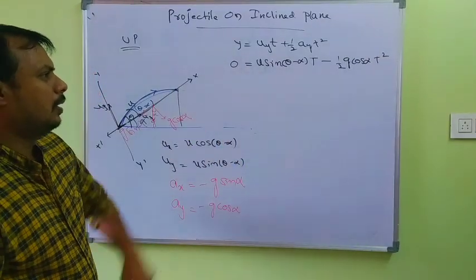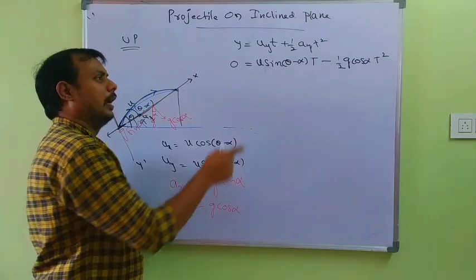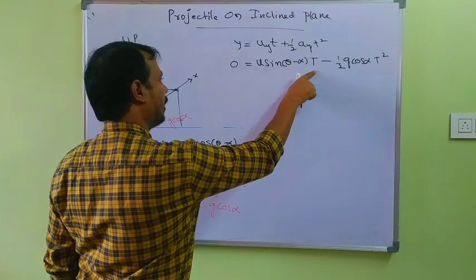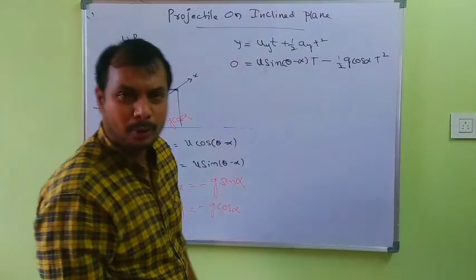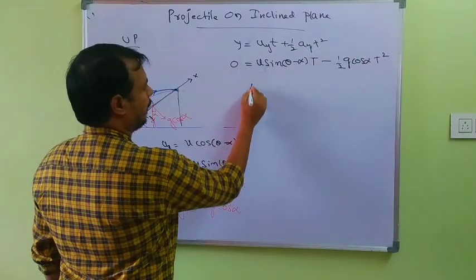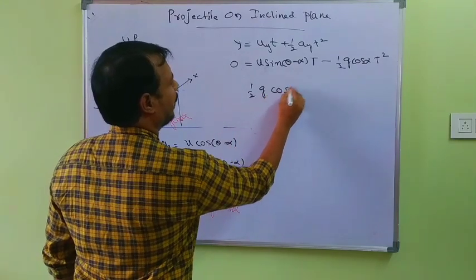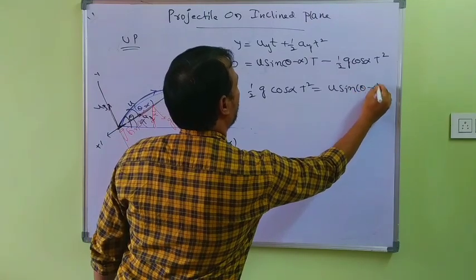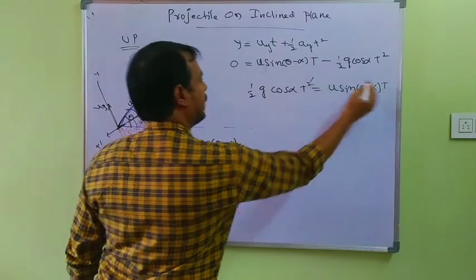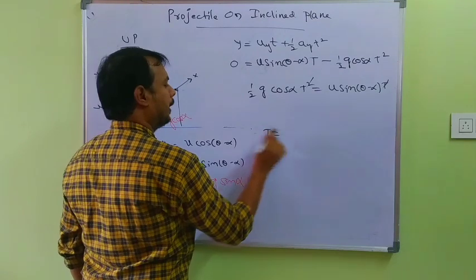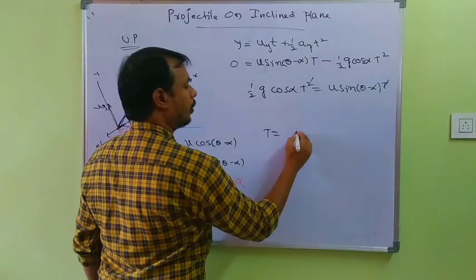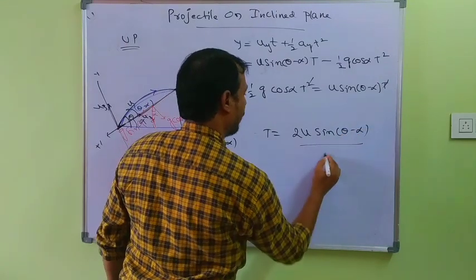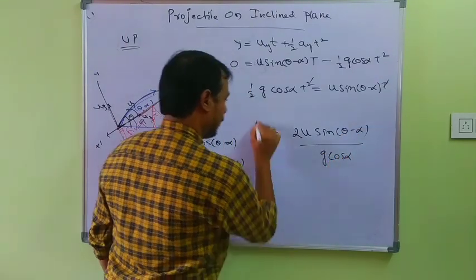This is a quadratic equation in terms of time. So 0 equals u sin(theta minus alpha) t minus half g cos alpha t square. Bring this to the other side: half g cos alpha t square equals u sin(theta minus alpha) t. t is cancelled out. So the time period t equals 2u sin(theta minus alpha) by g cos alpha.